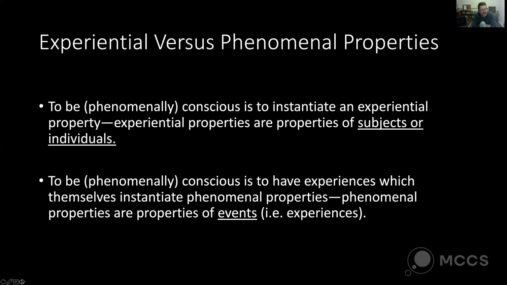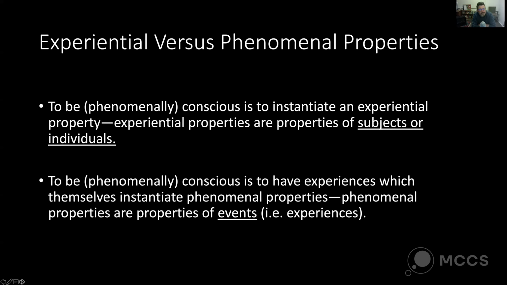One thing I think is very good in Nida-Rümelin's work is the sensitivity to these distinctions and how there are lots of different properties here which people tend to mush together. And in this particular case, there's a distinction between, as I said, experiential properties, as she calls them, and phenomenal properties.